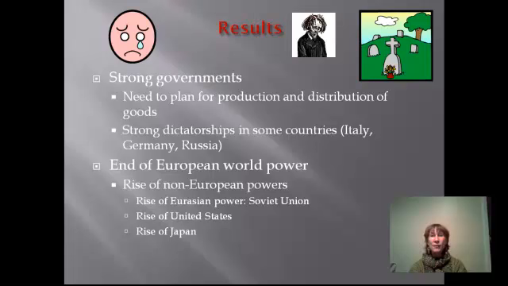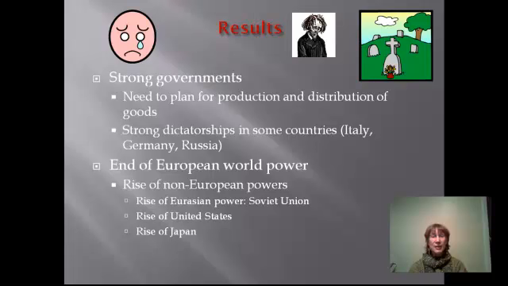Then we have something very interesting that happened. As a result of World War I, the European civilization lost power. Up until that moment, the Europeans were in control of the world. After World War I, the land of Western Europe is so devastated that now we see other countries beginning to take power.